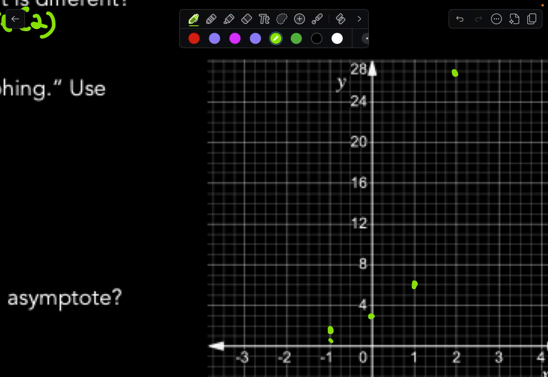And then it's just going to keep getting lower and closer. So we have this.